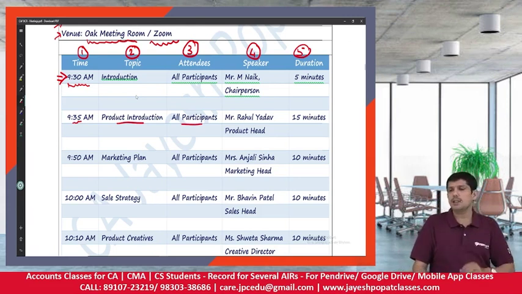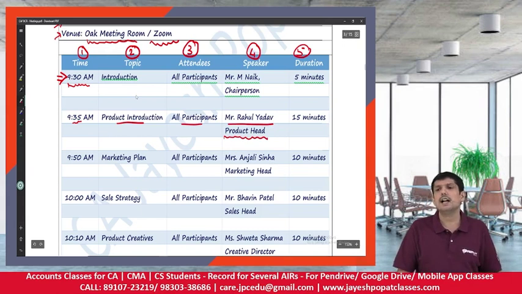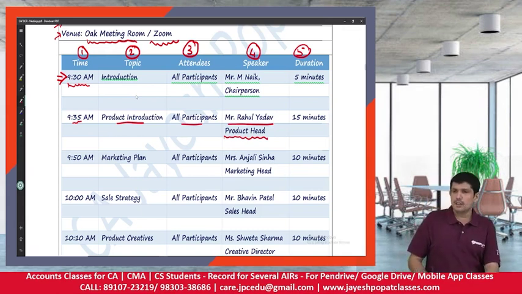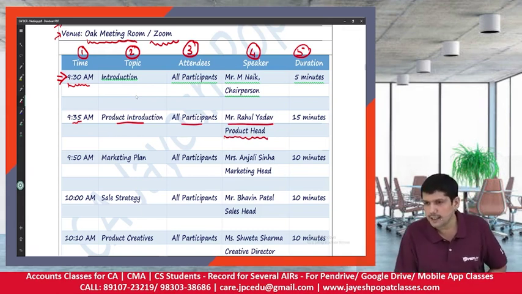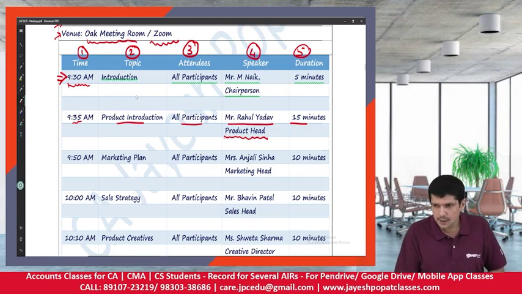Who will do the product introduction? Obviously the product head. In our case we have chosen Mr. Rahul Yadav as the product head, and he will take 15 minutes to introduce the product to all the participants. So it started at 9:35, 15 minutes, so now it's 9:50 a.m.